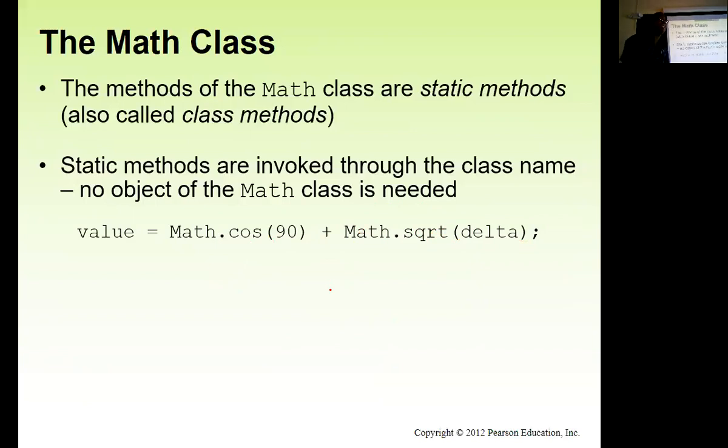So as you realize, this is a situation where some of these things become like a utility. And instead of having to create an object, we just use the class followed by the method. And you might find that in writing your own code, there might be some methods that you want to be able to use without instantiating an object. And that is a design decision.